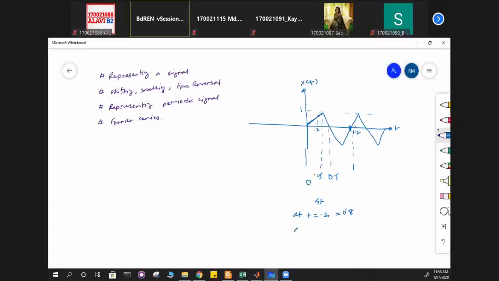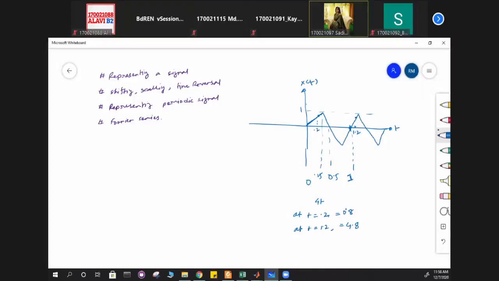Okay. So if we go for t equal to 1.2, from the equation it is coming 4.8, isn't it? Yes, sir. But what do you expect the value at 1.2 to be if your time period is 1? It should be greater than 0, obviously, but not that much.